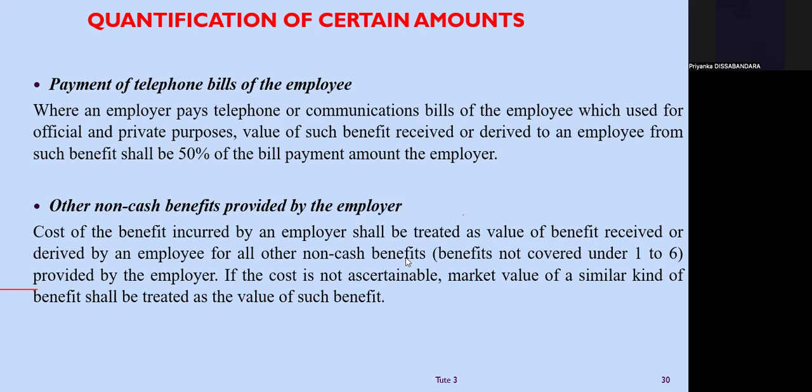When he acquires, if he pays money, that means he purchases it. If he purchases it, it is not a benefit. It is not a benefit because he pays the cost. So it is not a benefit. If the employer has given it free of charge, then it will be a benefit. If the employee purchases it, then it is not a benefit.